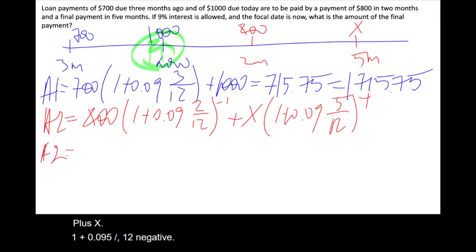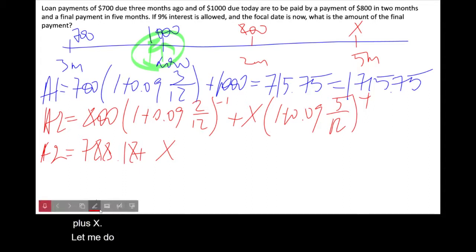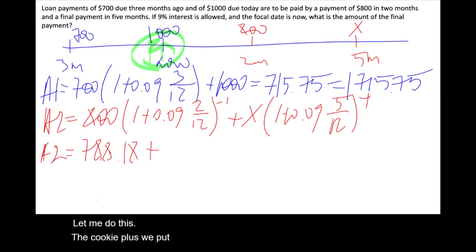So A2 is 788.18 plus x. Well, actually, let me put the coefficient first.